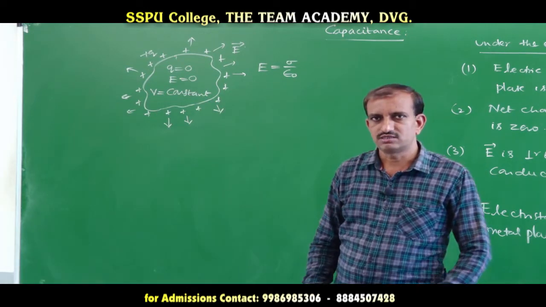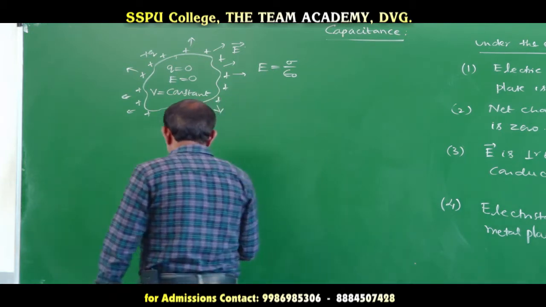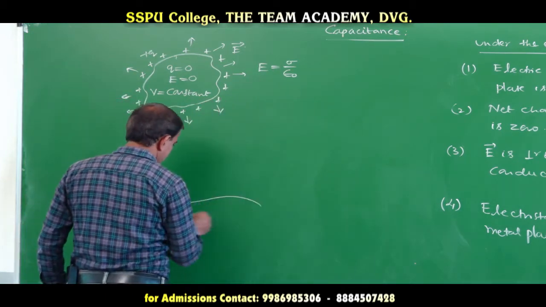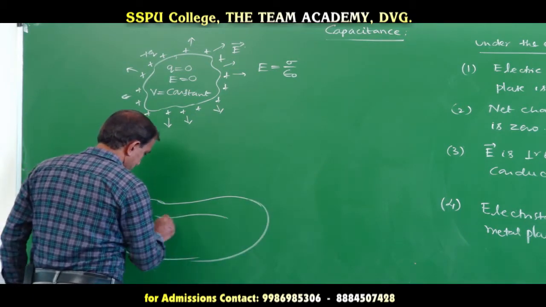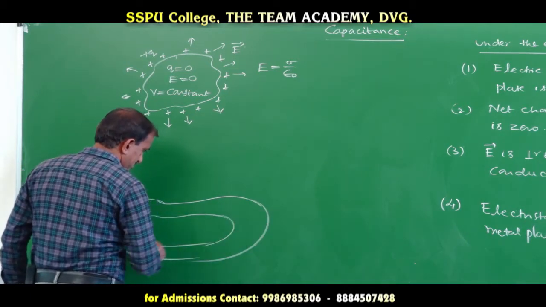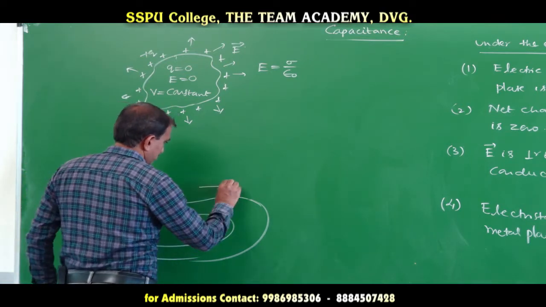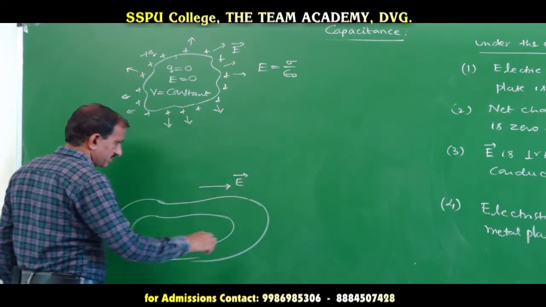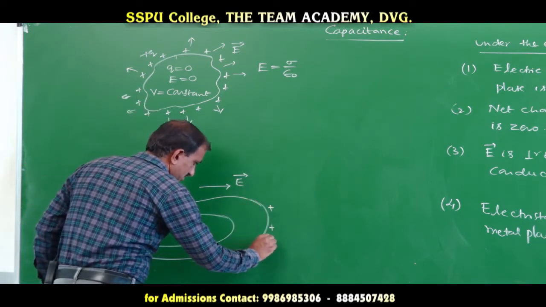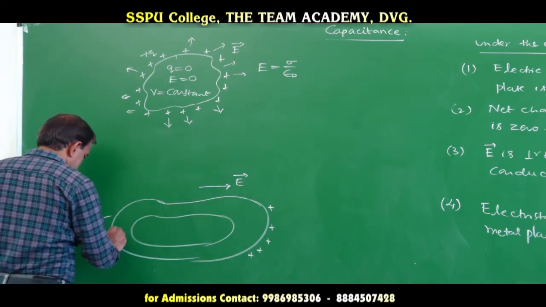Now consider a metallic conductor with a cavity. Suppose this is a metallic conductor with a cavity. This is the cavity of the conductor. Now this is the electric intensity applied. These are the positive charges accumulated here and these are the negative charges.